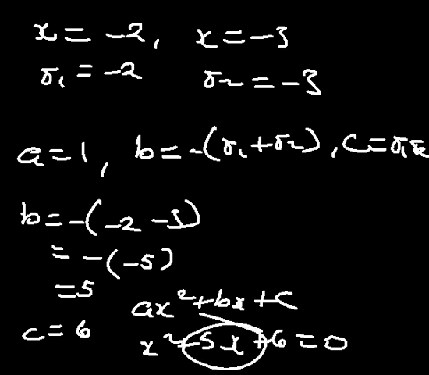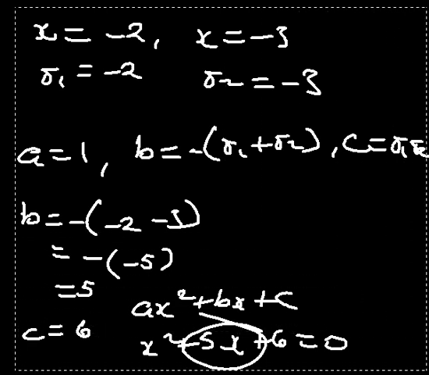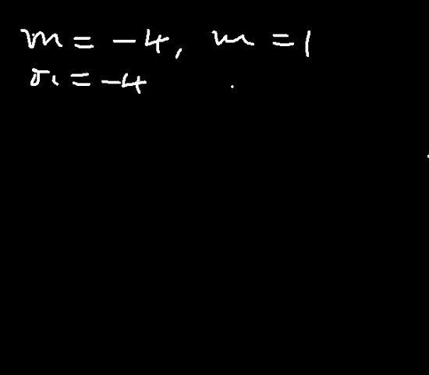And what if you have this case? Let's say m is equal to negative 4 and m is equal to 1. In this case, root 1 is negative 4 and root 2 is 1. Again a is always 1.